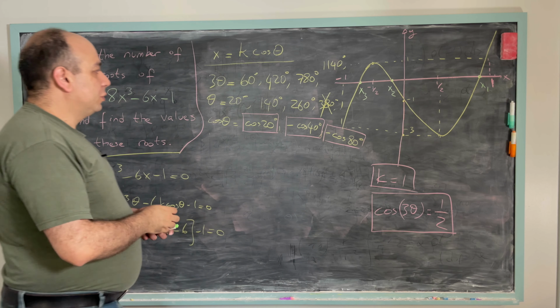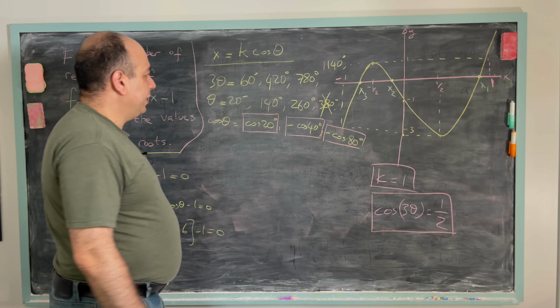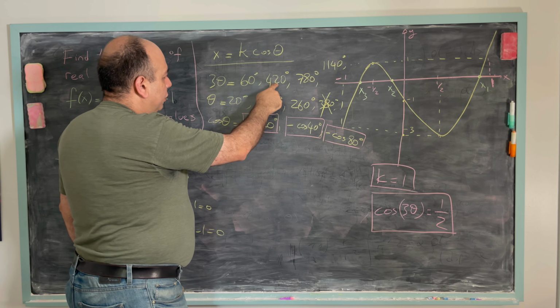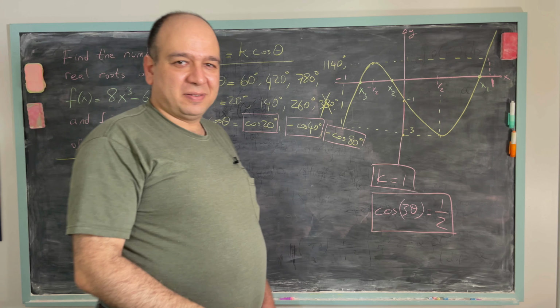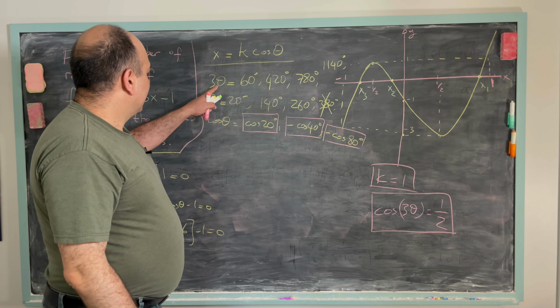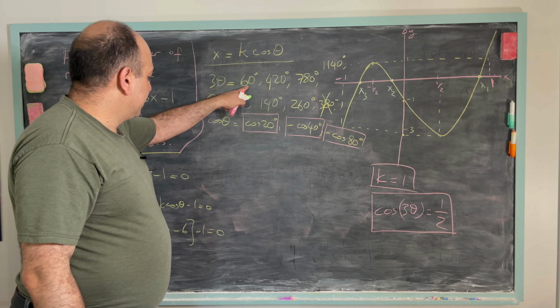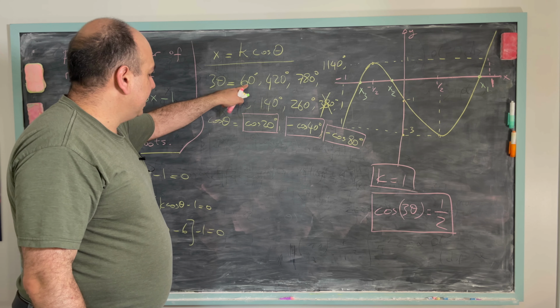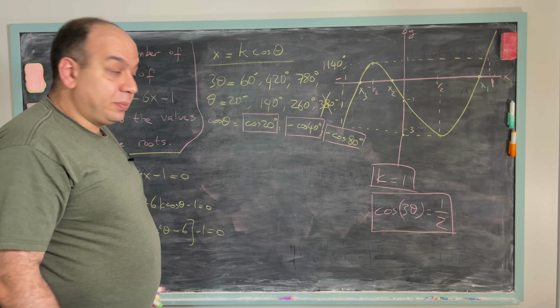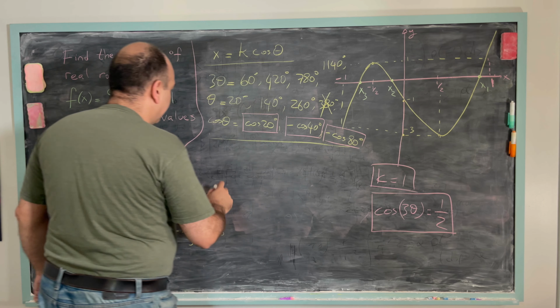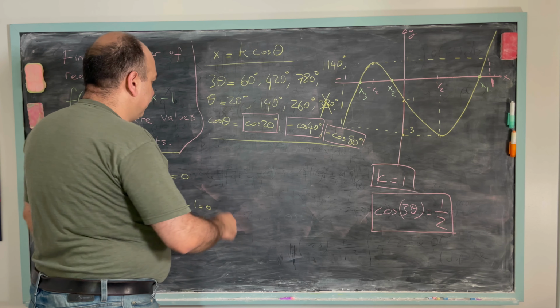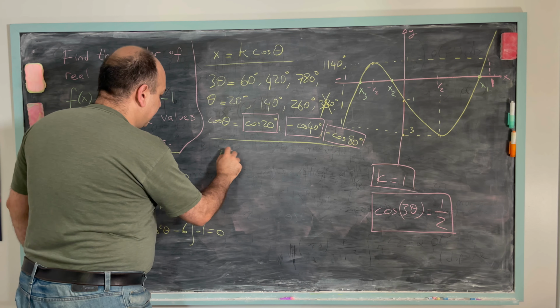For those who may ask, 3 theta is 60, 420, 780, but there are also some other solutions in the fourth quadrant. For the first angle, for example, there is 60, but 3 theta may also be equal to 300, right? Let's see if they are going to give us something extra. They shouldn't, but let's give it a try.